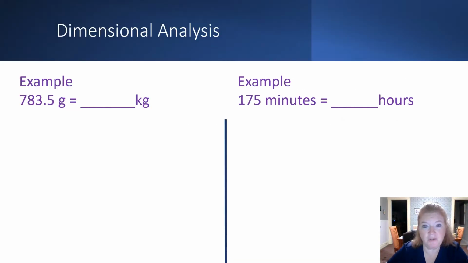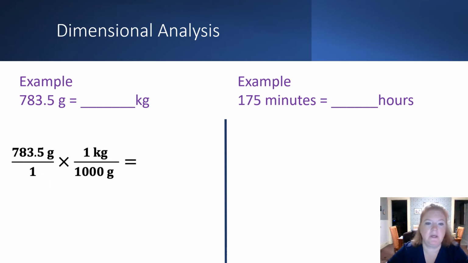All right, dimensional analysis examples. All right, so here's the first one. So you can see I set up 783.5 grams over 1. I use the conversion factor, and I need grams on the bottom because they have to be able to cross out like that, okay? And then, since grams are crossed out, I'm left with the units of kilograms, which is exactly what I want, okay?